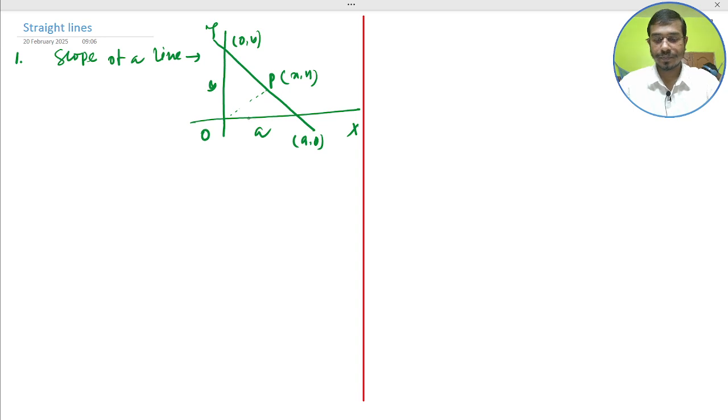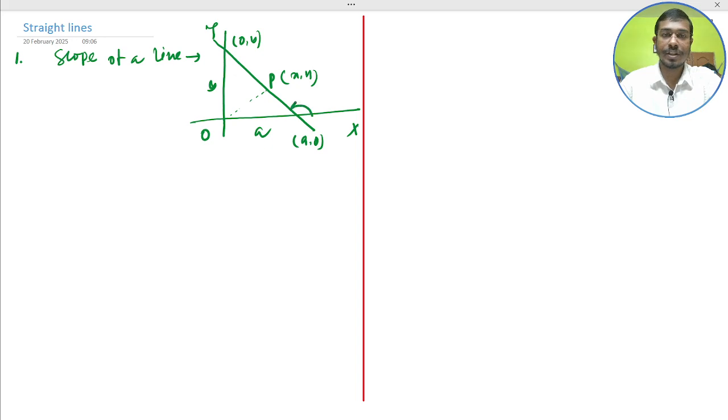Now, A(x1, y1) and B(x2, y2), and theta is the angle which the line makes with the positive direction of the x-axis.